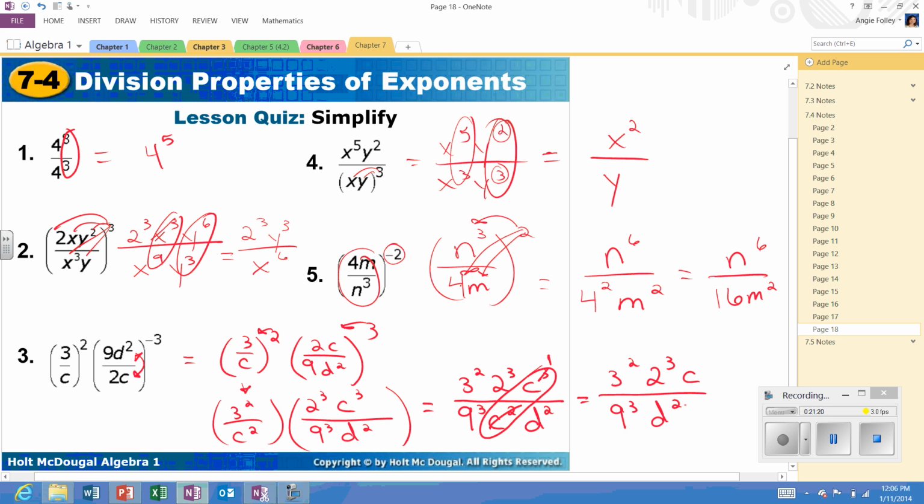Now, I know that you don't have a calculator, so you can't do all of this, but these numbers, yes, they will cancel out, and you'll actually get 8c over 81d to this, did I miss something? This should be to the 6th. Look at that. This 3 needs to multiply by that 2. My bad. To the 6th. So this is actually your answer, but if you left it like this, I would be okay with that as well.